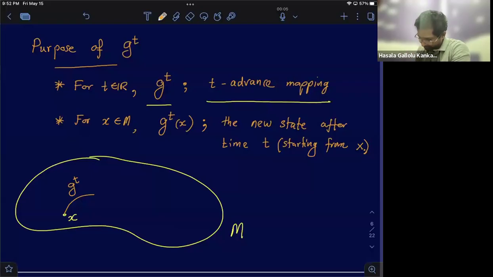What it does is giving a new point, GTX, and that's going to be exactly what's going to happen to point X after T number of units under this dynamical pattern that we are going to define. So that's the first step.